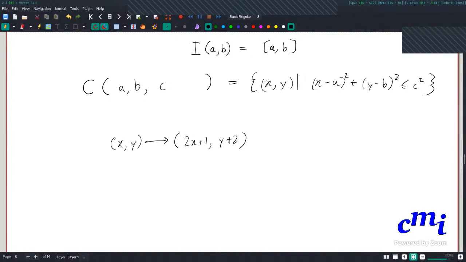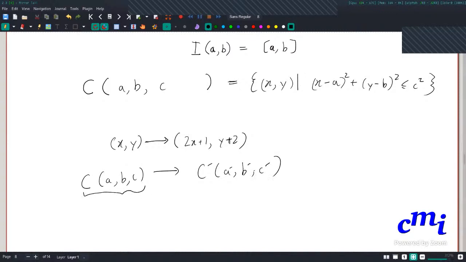Over here, you need to now somehow take (c, a, b) to some (c prime, a prime, b prime) so that the image of this circle under this transformation is contained inside this circle, right? Maybe you can try this as an exercise offline to come up with this.